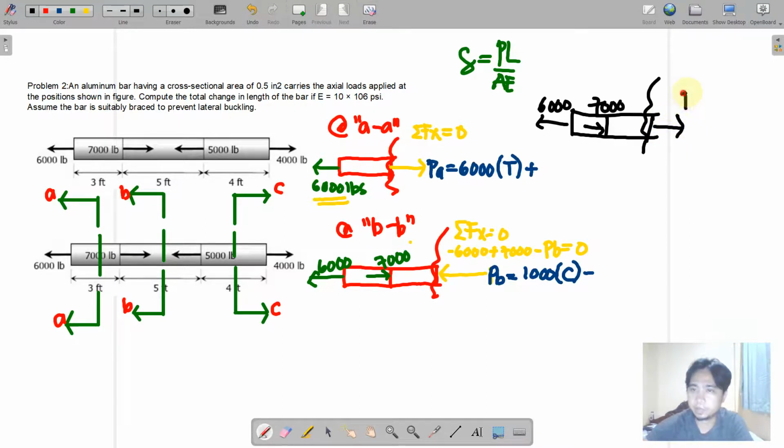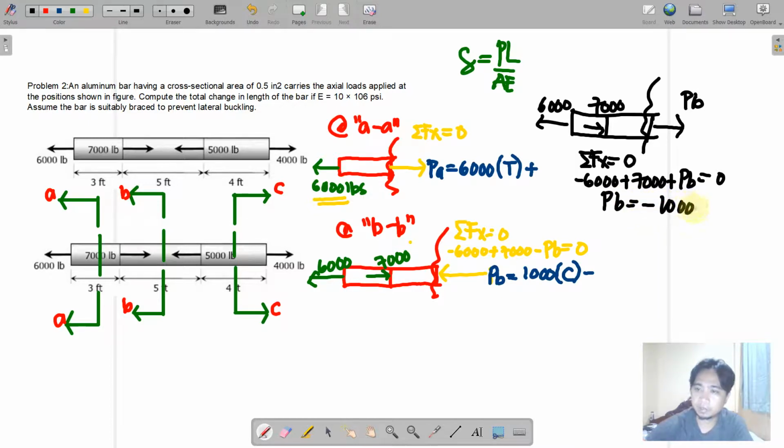There will be no problem, just apply the same principle of summation of forces in X is equal to 0. Just the same, this is negative 6,000 because it is towards the left portion, and this is 7,000. But this one becomes now plus PB is equal to 0. So PB will yield the same answer, but we have negative 1,000.